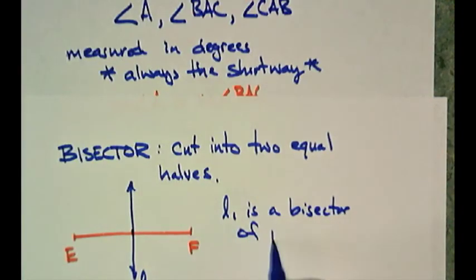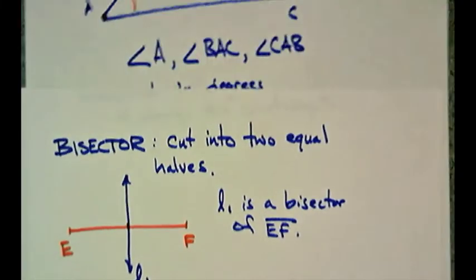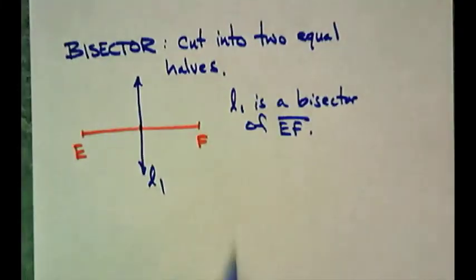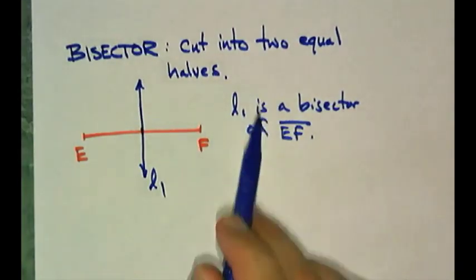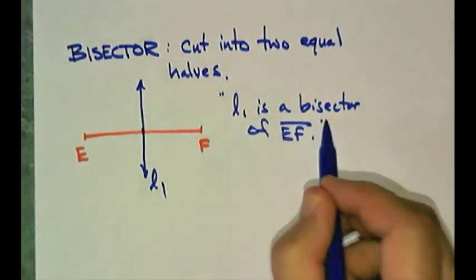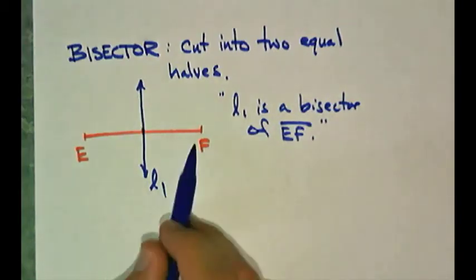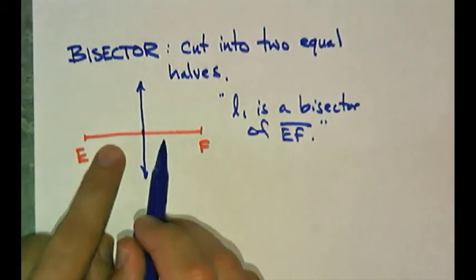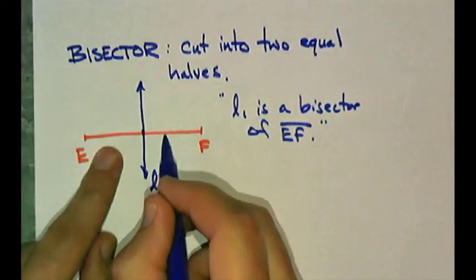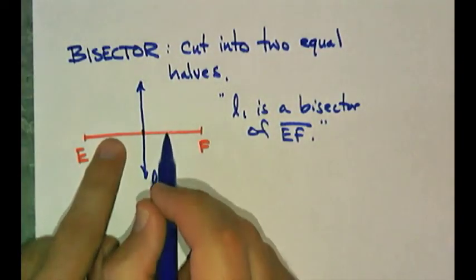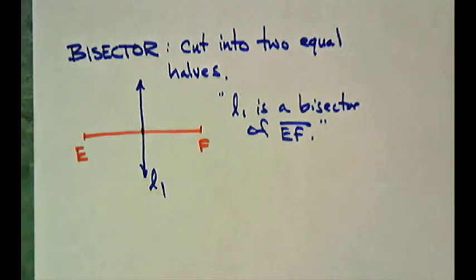of segment EF. Now, I said it, but I've actually not marked it on my picture yet. The picture should have the same as what I want to say in English. So here I got L1. Well, if it cuts it into 2 equal halves, I need to mark it such. So I have to mark those two as congruent. And there are a couple ways that you might remember.